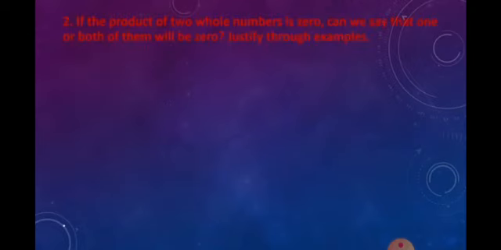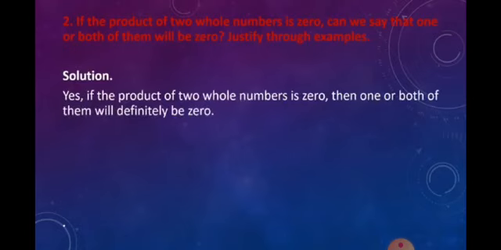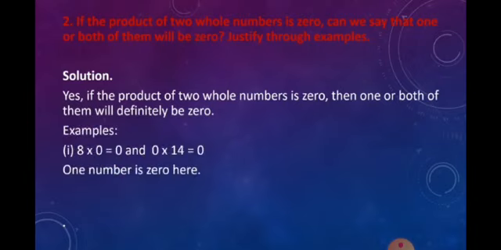Question number 2. If the product of two whole numbers is 0, can we say that one or both of them will be 0? Justify through examples. Answer: yes. If the product of two whole numbers is 0, then one or both of them will definitely be 0. Let's take examples.